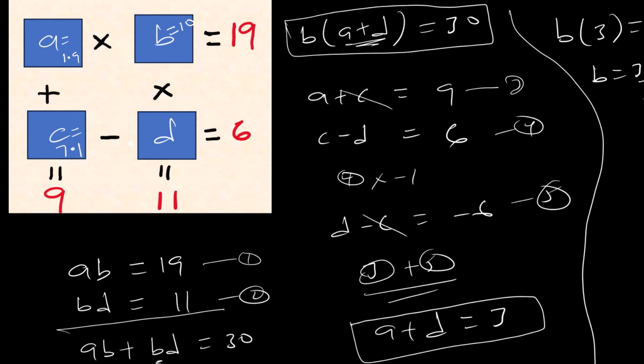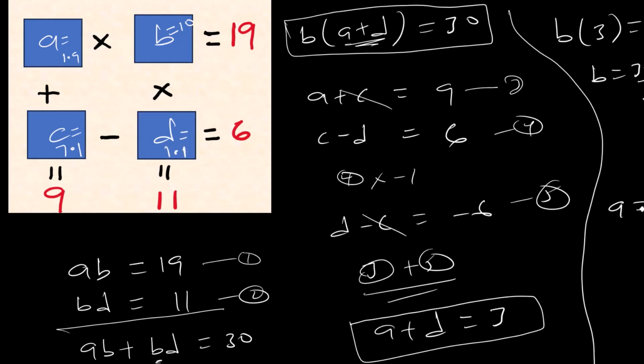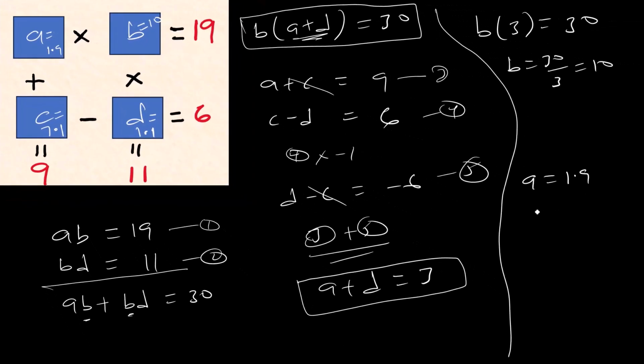Okay, so 7.1 minus what value gives us 6? So 1.1. All right, so my A is 1.9, my B is 10, C is 7.1, and D is 1.1.